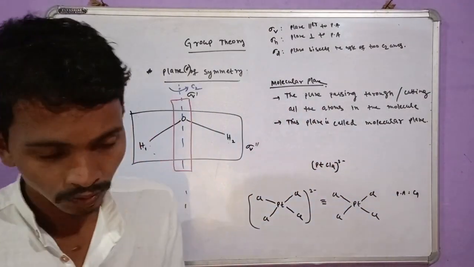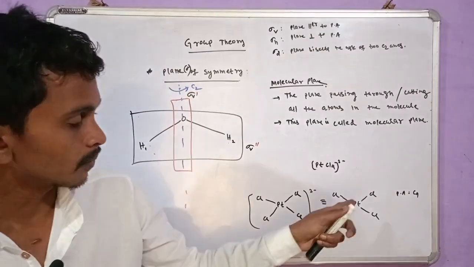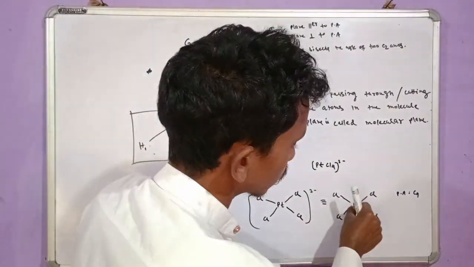How C4? We have already discussed. The principal axis C4 passes through like this.